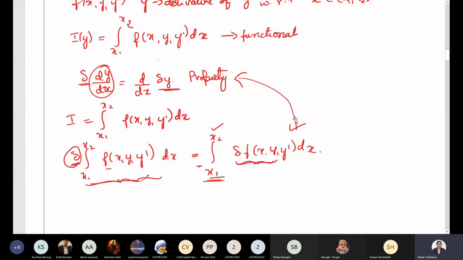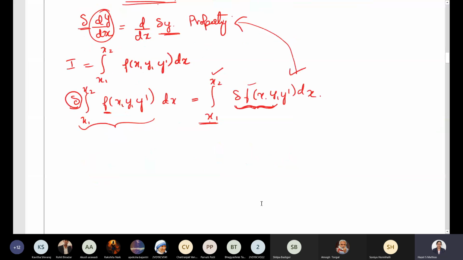I repeat once again: delta stands for variation, and the definite integral stands for the functional. Functional is always given in terms of this definite integral, and delta stands for variation. So the variation of a functional associated with f of x comma y dash is equal to the functional associated with the variation of f. This concept we require when we prove Euler's equation, which is a very important thing we are learning here.